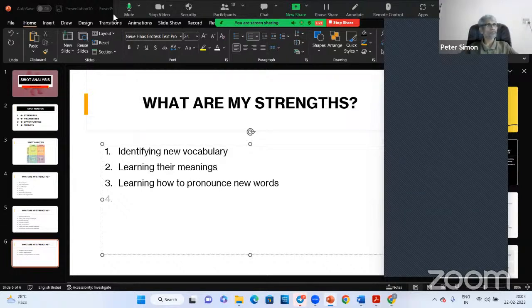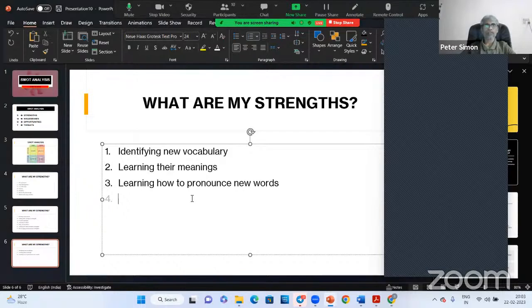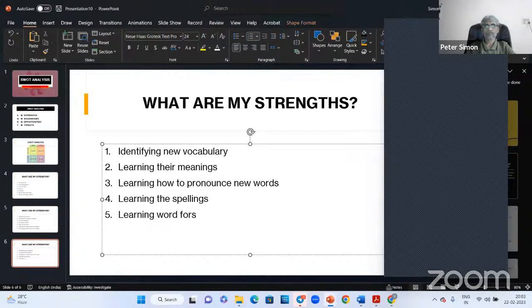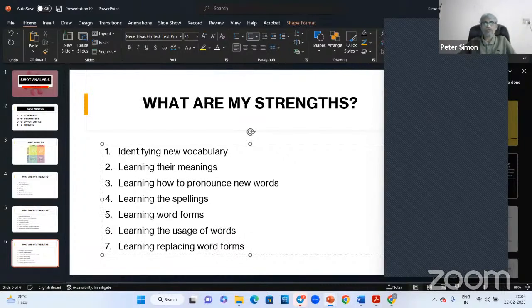Right. Learning new words, then learning their meanings, the spellings, word forms, the usage of words, replacing word forms.